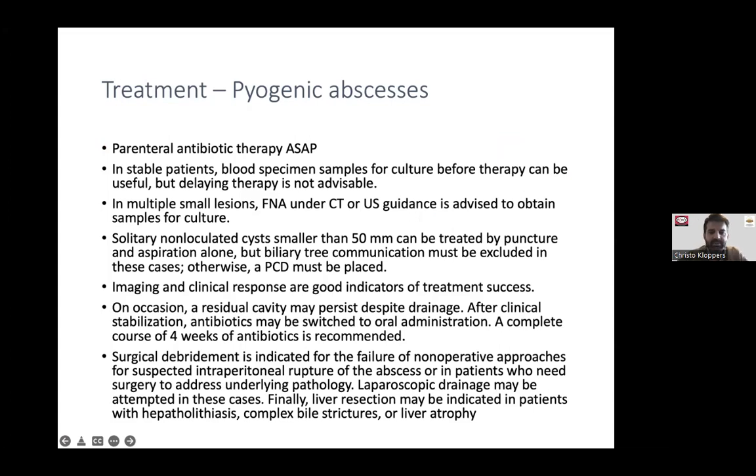In multiple small lesions, even if you can't do anything else, it's nice to do a fine aspiration so that you can have some sort of microbiology. Lesions smaller than 50 millimeters can usually be treated without a drain. You can just aspirate it and treat with antibiotics. And bigger ones, or if you establish that there's some sort of biliary communication, one should leave a percutaneous drain.